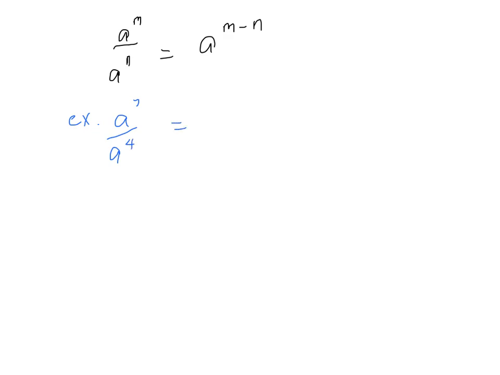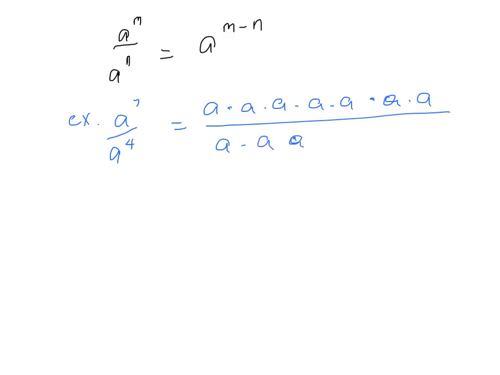Well, that's just going to be a, oh, why did I make so many a's? Okay, let's just get that in. 1, 2, 3, 4, 5, 6, and 7 a's over 4 more a's. 1, 2, 3. Next time, remind me to pick a better example with fewer variables.